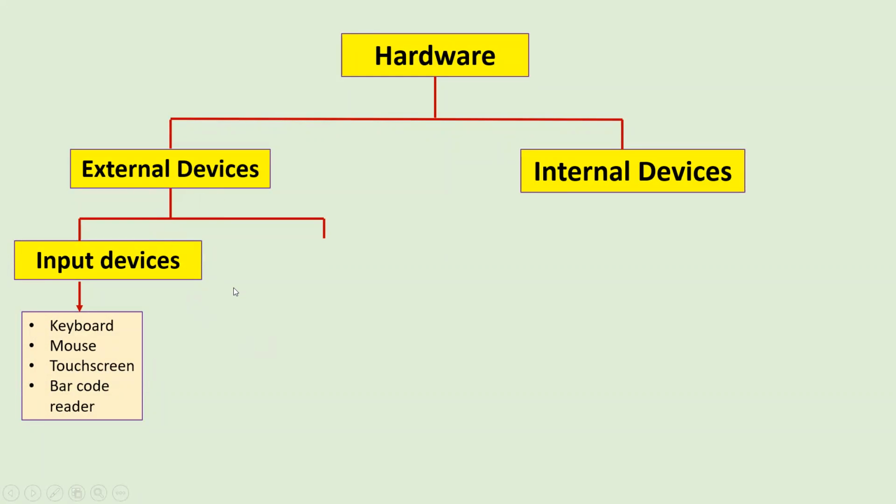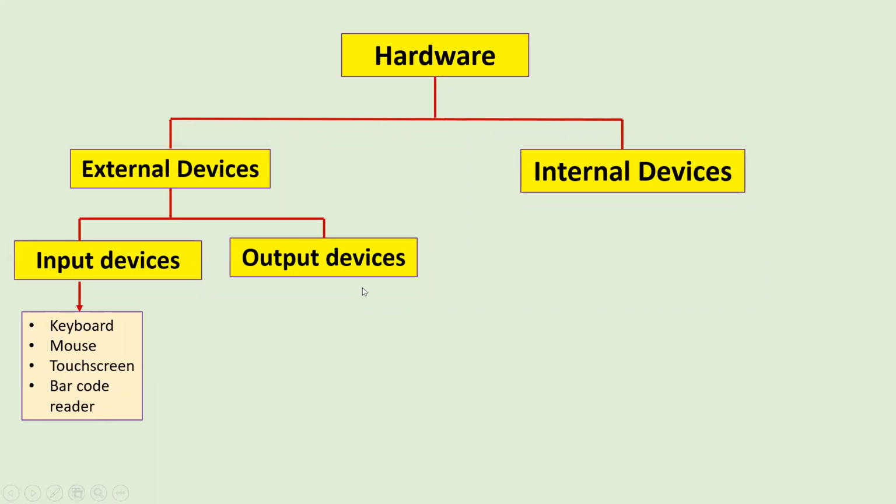Under external devices, the second category is output devices. Once you input data to the computer, inside the system unit it will do some operations, process. Because of this process, it will generate output. Earlier we discussed that. How does the computer display this output through the output devices? Therefore, output devices we can identify as display units.